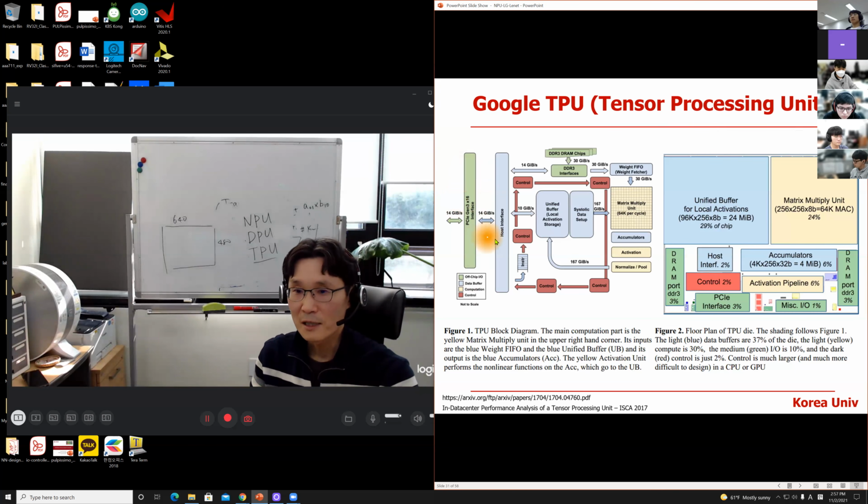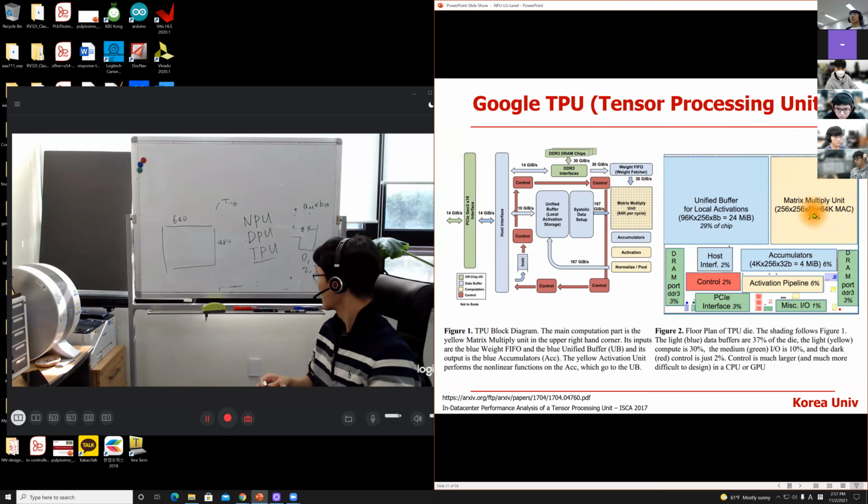And then look at this matrix multiplication unit. How many? 64K, 8-bit data processing, right?